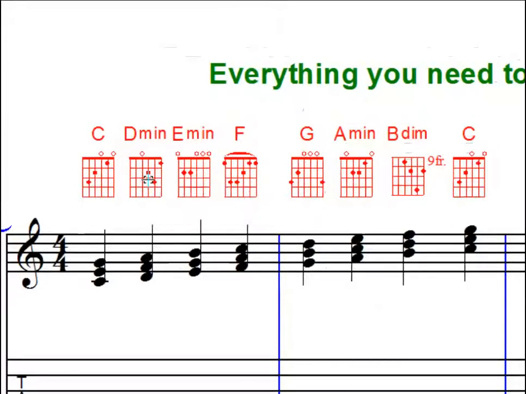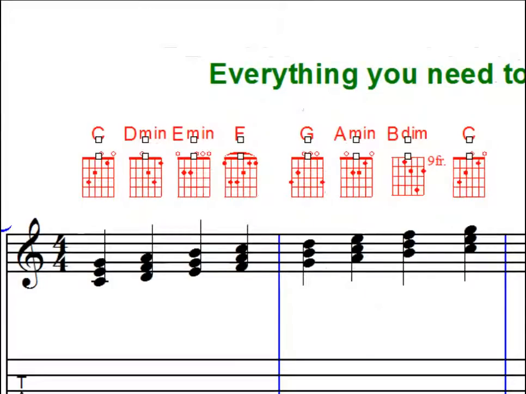So anyway, the point is that the Roman numeral system actually gives you more information because it tells you how the chord is functioning. And the reason that's important is because once you understand how chords are functioning, then you can create different chord progressions based on the chords of that particular scale or key that you're in.